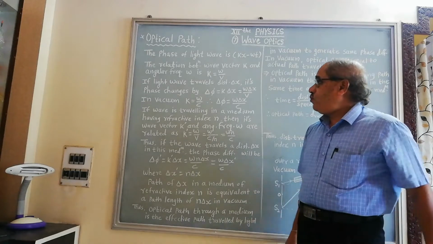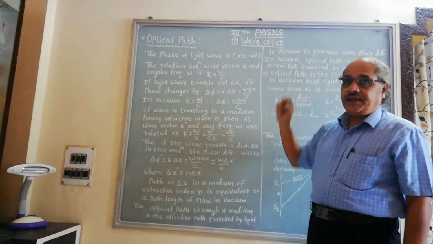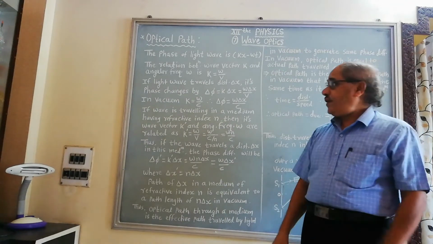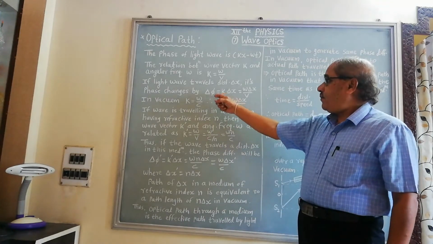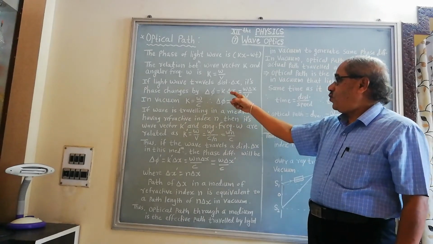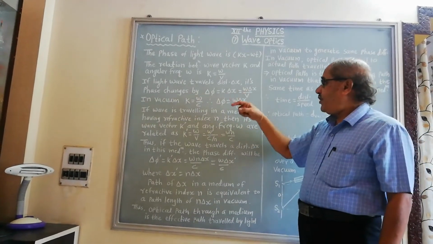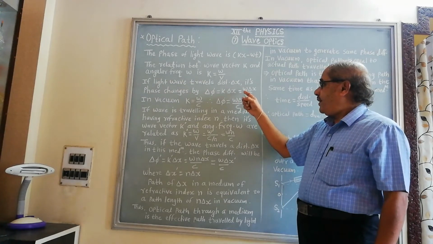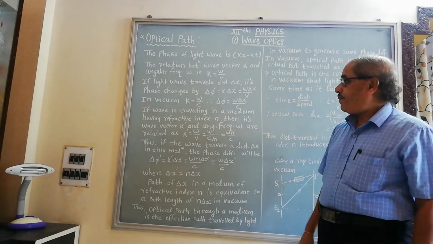If the light wave travels a distance, say delta x, then its phase changes by delta phi is equal to k delta x. Substituting the value of wave vector k, we get omega delta x by v.